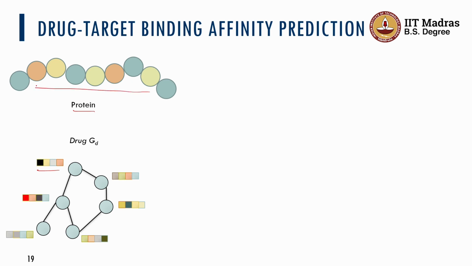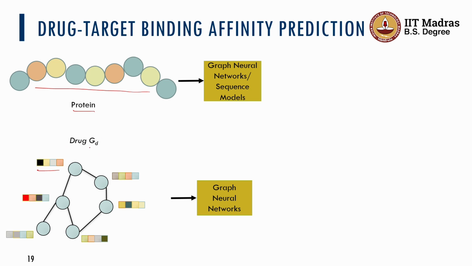What I'm going to do is pass this drug molecule through a graph neural network, while in the case of protein, I'm going to use sequence models like LSTM, RNN to generate a feature for drug GD1 and a feature for the protein sequence P. So I have a feature for the protein sequence here, and I have a feature for the graph.